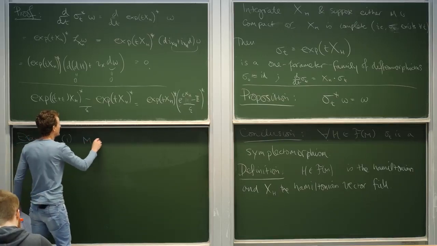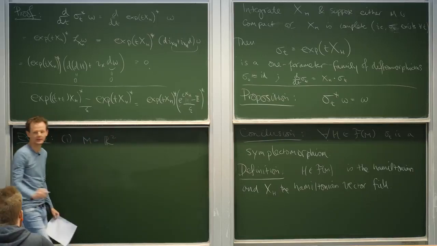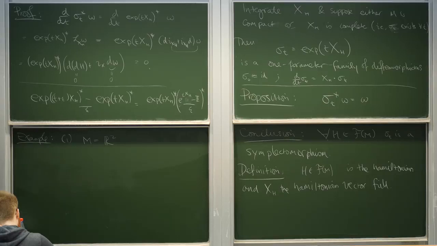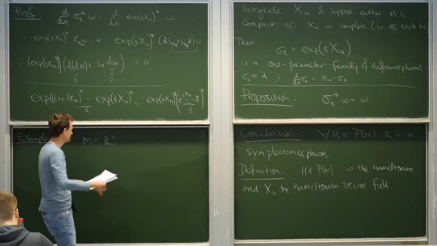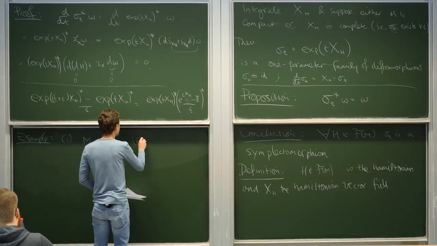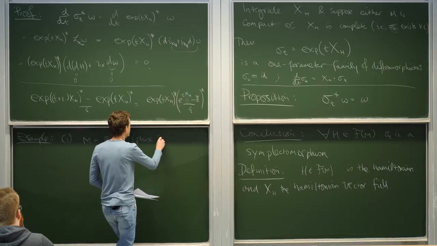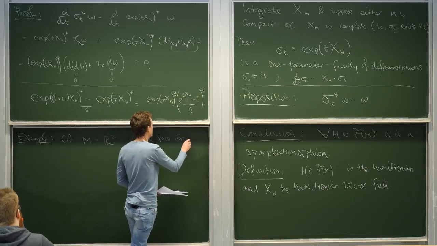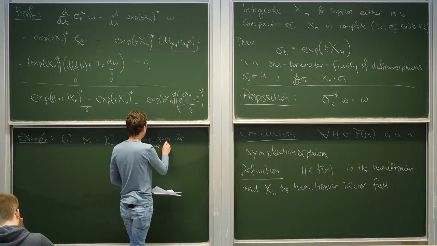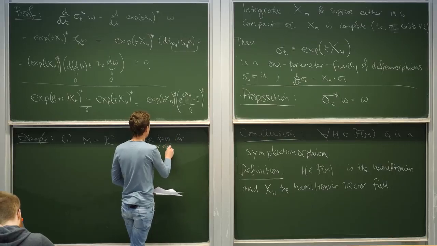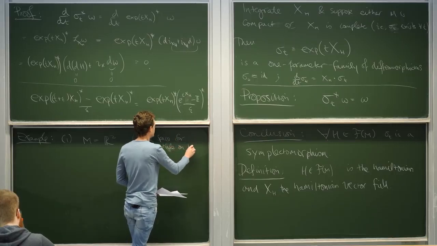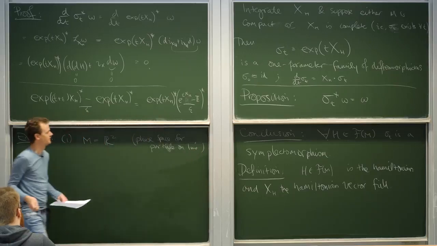So suppose we take as our base manifold R2. R2 is indeed phase space for a single degree of freedom, for a particle on the line. Right?